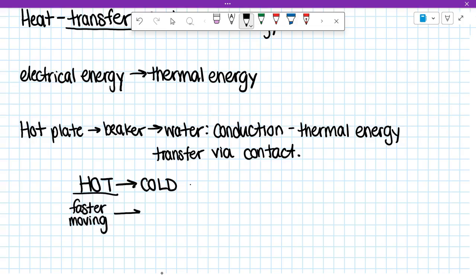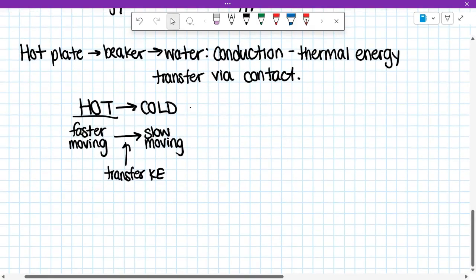And so those faster moving molecules transfer some of their kinetic energy to the slower moving molecules. Right, transfer KE, allowing those slower moving molecules to speed up and therefore increasing the temperature of the object. Okay, so that's conduction. We need to be in contact.